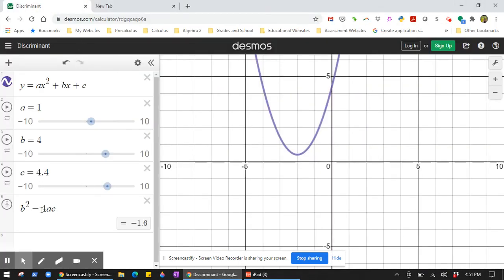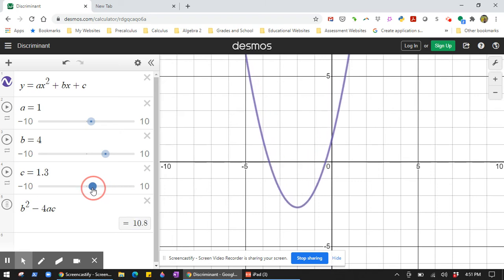I want you to focus your attention first on the discriminant down here. I've got it in such a way that I can scroll through some values. And notice the behavior of the graph and just compare it to the value of the discriminant. So let's start in a situation where our discriminant is positive.